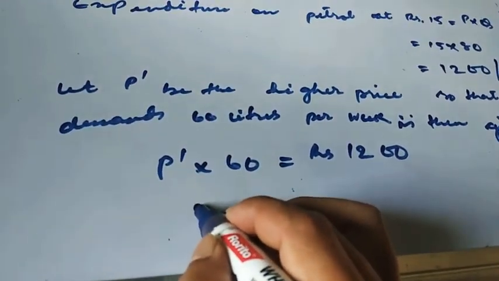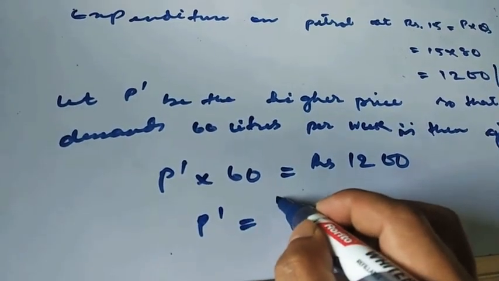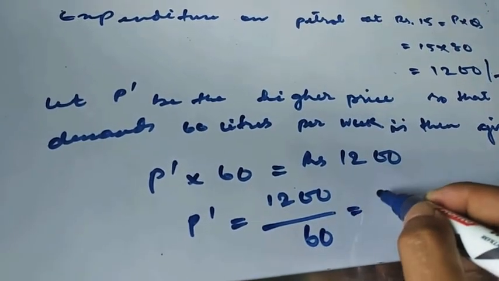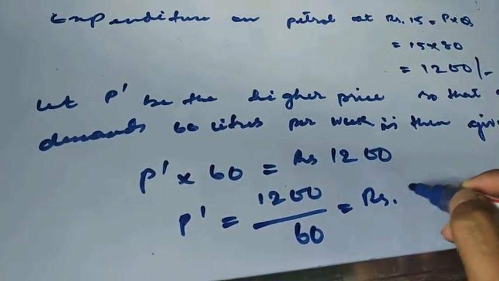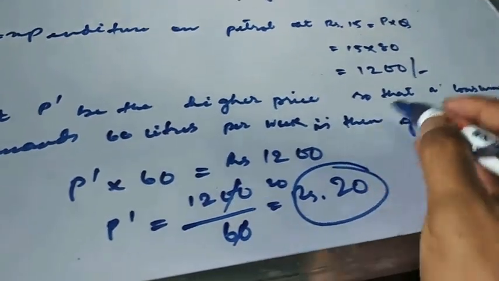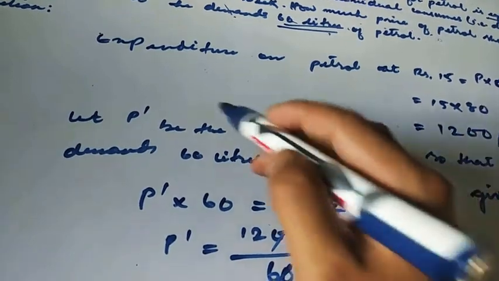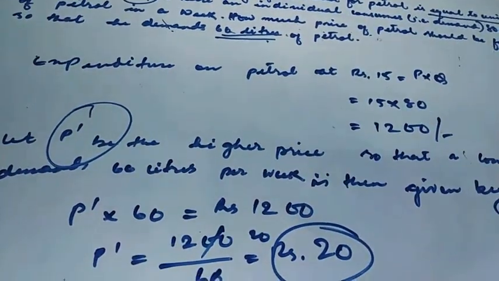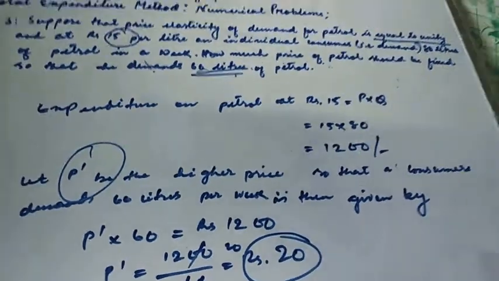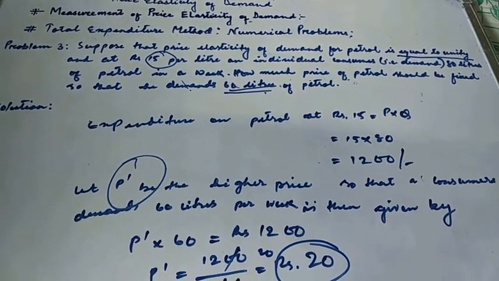So P dash equals 1200 by 60, which is equal to 20. So we found out that rupees 20 should be the higher price, so that a consumer will demand only 60 liters of petrol per week. So that is how we solve some of the numerical problems through the total expenditure method.